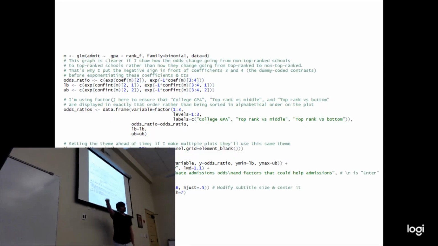Next, I make a little data frame that stores all of that. That's what I'm going to give to ggplot in order to do this. Using that theme set trick again. So what I'm going to be showing are points along with lines indicating 95% confidence intervals. And I've modified the labels a little bit, as well as the spacing of this one.